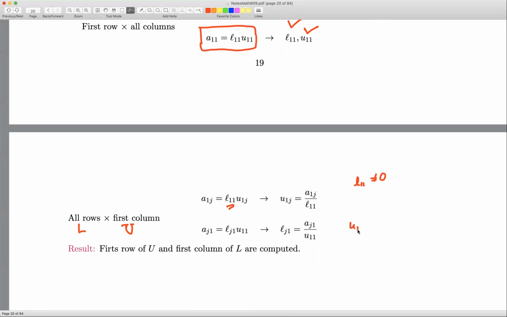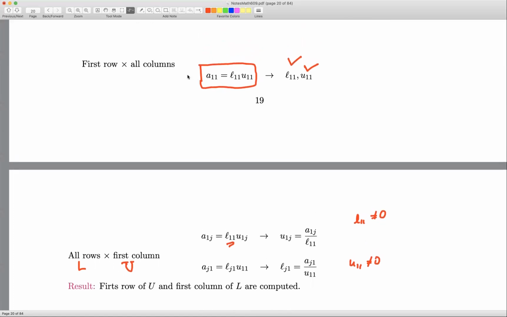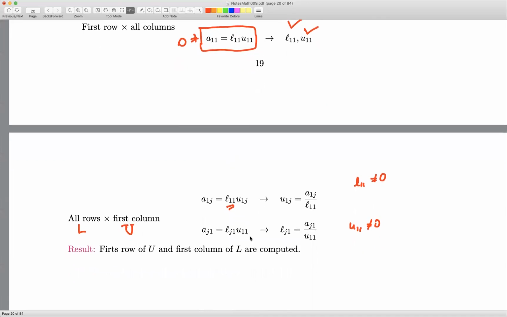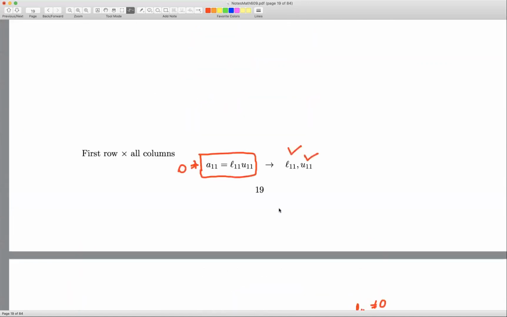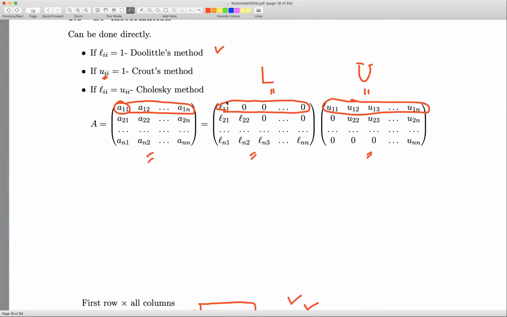And again, this is provided that U11 is different from 0, which, as you see from here, is related to the fact that the pivot element A11 is different from 0. So as a result of this first pass, we know the first row of U and the first column of L, because we have Lj1 and we have U1j. The first column of L is computed, and the first row of U is also computed.